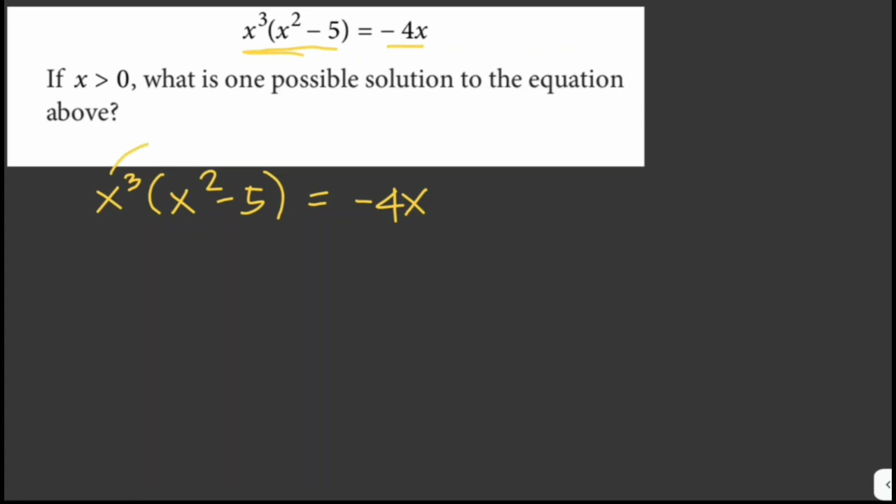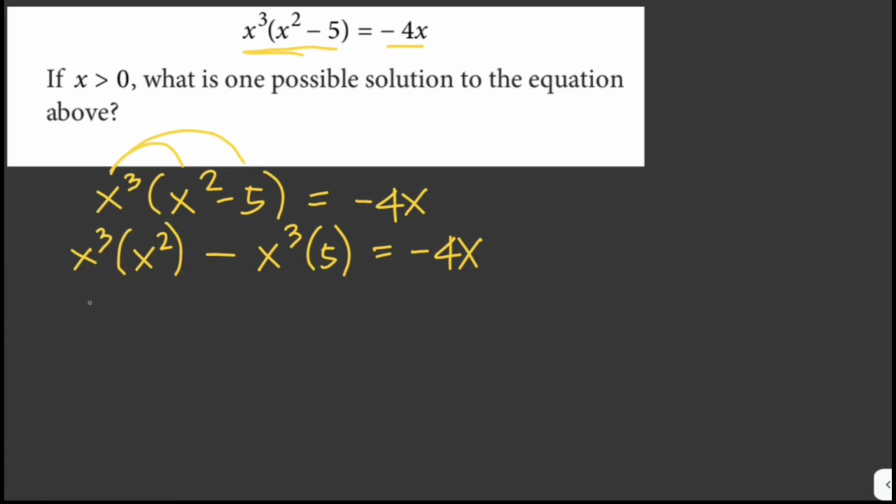Then we can distribute x cubed to the expression inside the parenthesis, which is x squared minus 5. So that would be x cubed times x squared, and then copy the operator sign, which is minus x cubed times 5 equals negative 4x.